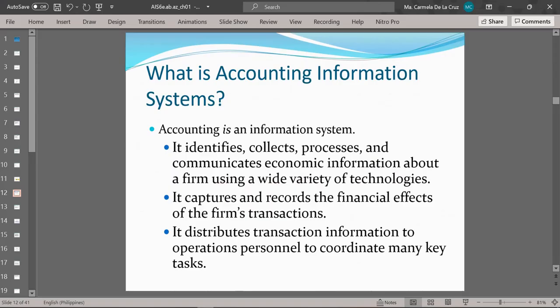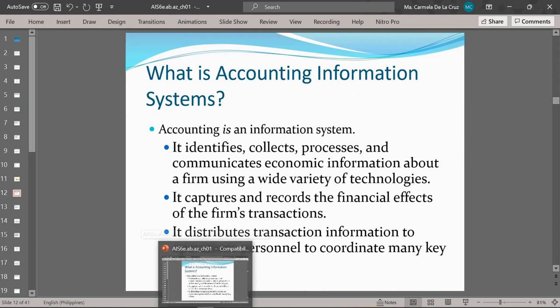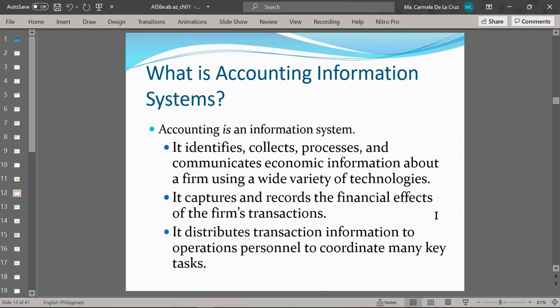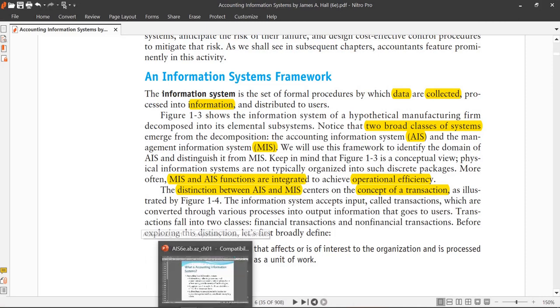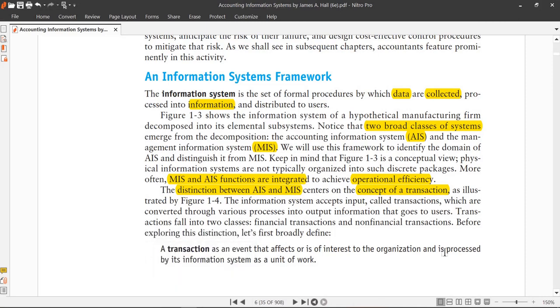So in this slide, what it wants to tell us is accounting is an information system. But before we dwell on that, I just want to give you a clear picture of what the slides, and also the PDF, are telling us.